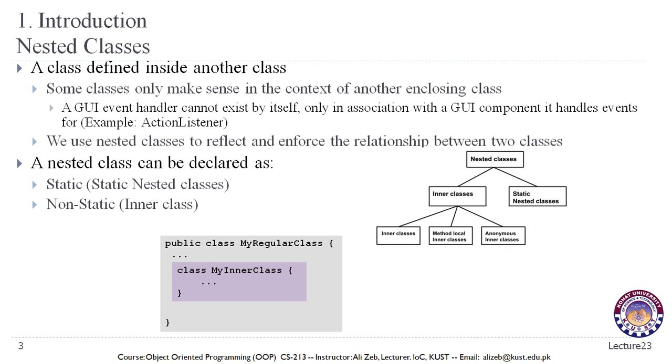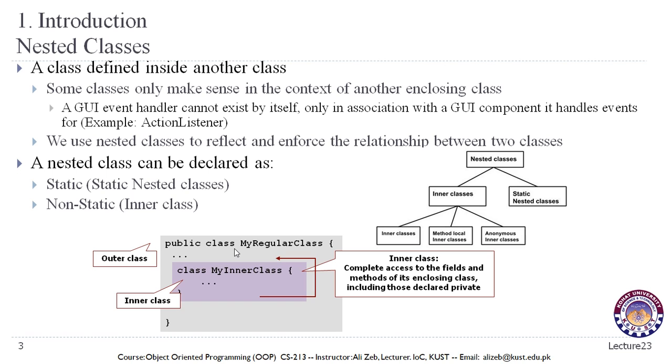A typical example of a nested class is that we have an outer class and an inner class inside the outer class, as we can see over here. So this is our regular class, and this is an inner class defined within it. The inner class has complete access to the fields and methods of its enclosing class, including those declared private.